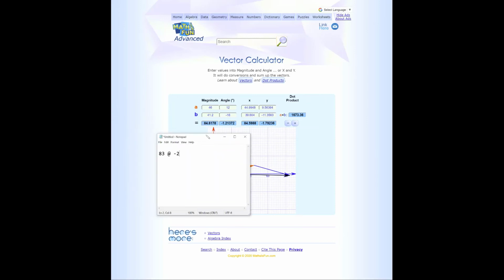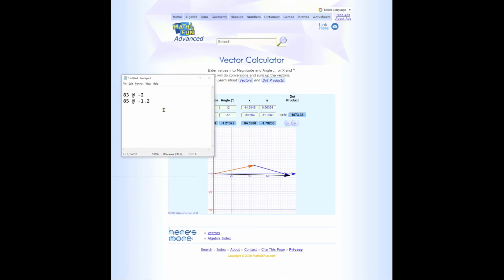Alright, so as you can see, the magnitude here was 80, we'll just make it a whole number, 85, and that's minus 1.2 degrees. So given that all the measurements were taken from the paper, again with the photocopy, very imprecise ruler, I think that's quite good. So yes, it shows that momentum is conserved.